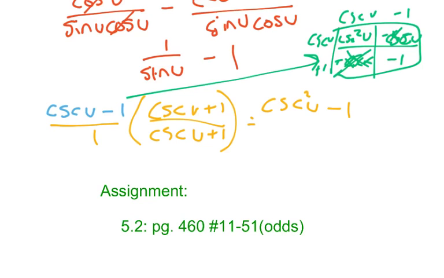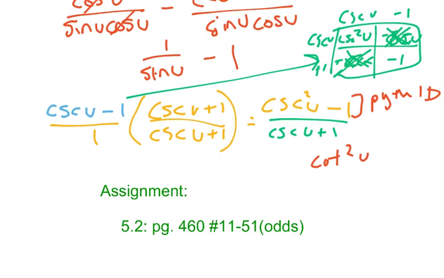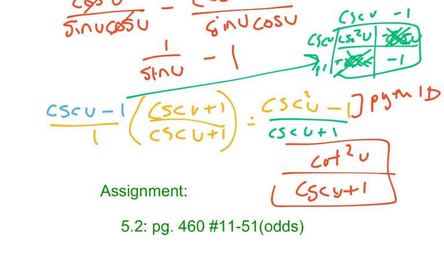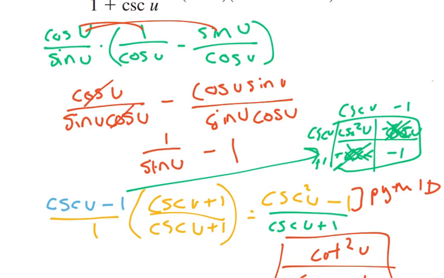Anyway, these two cancel. And so that's my new numerator. And then the denominator is cosecant u plus 1, and then via Pythagorean identity, that top actually becomes cotangent squared. And then it's cosecant u plus 1. Woohoo! Which is what we wanted from the beginning there.